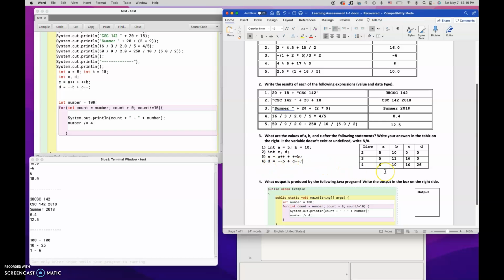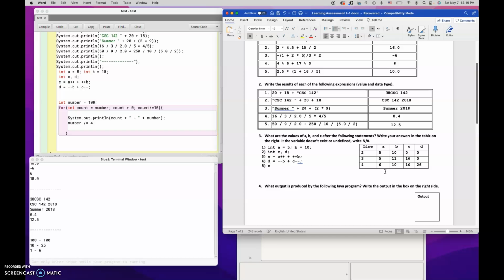If we have a different line, for example, E equal C plus, for example, D. Now C will be, since we have C equal 16, decremented by 1, which is going to be 15, because the minus minus is after the operator, and this will be executed after the line, okay.